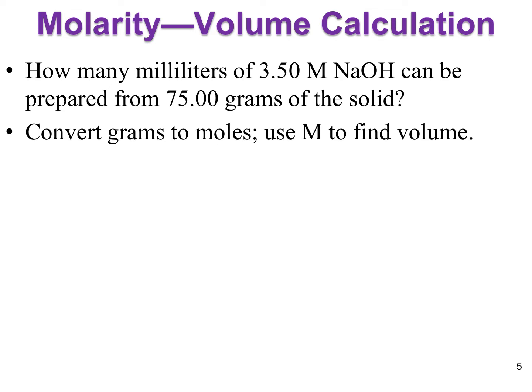Since M equals n divided by V, to find the volume, rearrangement yields volume V equals n divided by M. Thus, the mass of the sodium hydroxide will have to be converted to moles, then divided by molarity. The volume will be in liters and will need to be converted to milliliters.